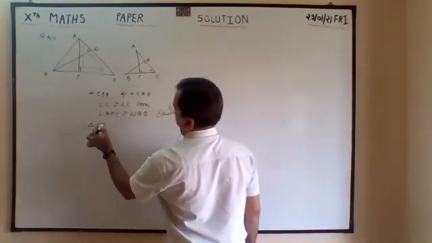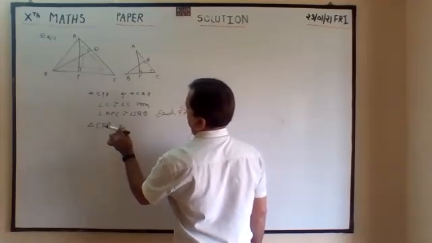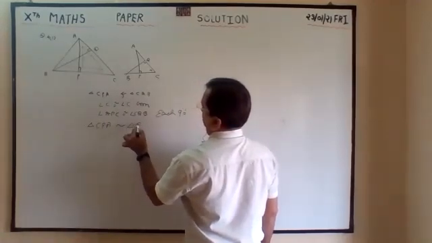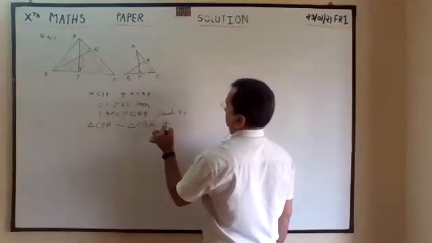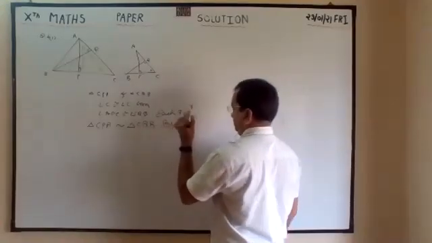Therefore, triangle CPA is similar, not congruent, to triangle CQB by AA test.